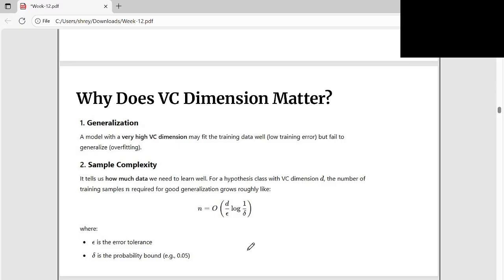So if 30,000 samples can be classified with this hypothesis class, then it means your training data fit is good. So low training error will be there, but it fails to generalize. Why? Because if the VC dimension is 30,000, then your model is somehow prone to overfitting.